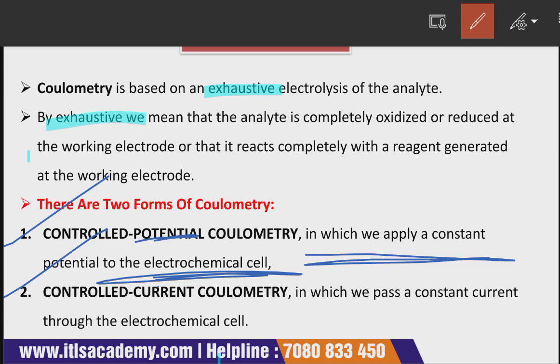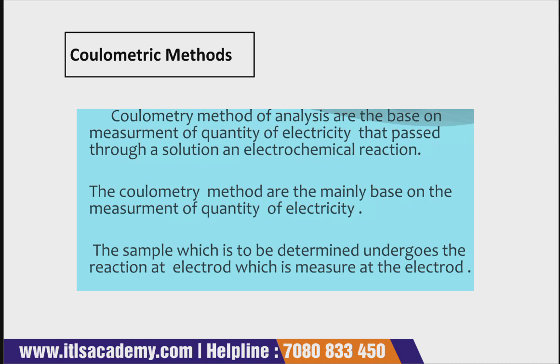Now comes the second, controlled current. Since the name suggests current, in this technique we pass a constant current through the electrochemical cell. These are the two forms of colorimetry.